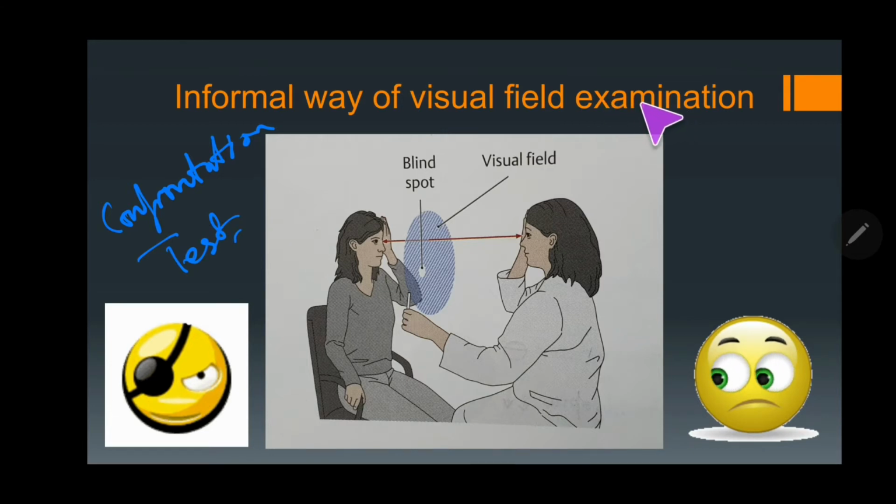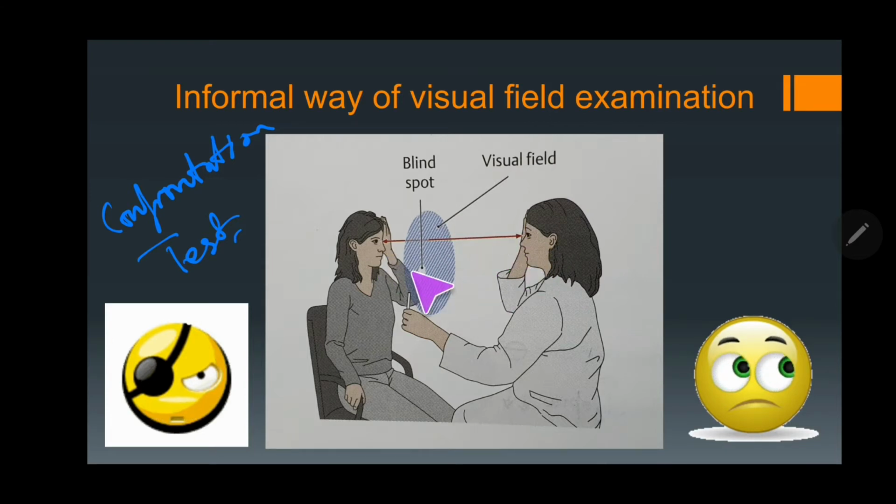Here the examiner and the subject sit opposite, close by, facing each other, and each closes one of their eyes opposite to each other. With the other open eye they focus on each other's open eyes, such that they have a common visual axis, and they should not deviate their eyes.